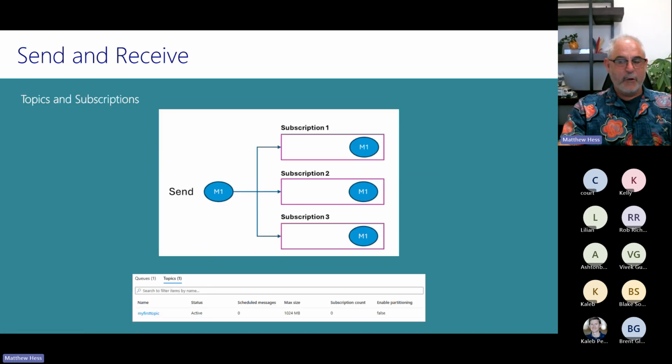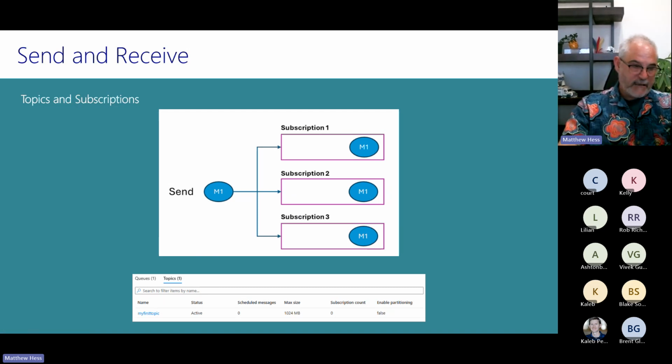The other thing to be aware of: you've probably heard the term pub sub, which means either publisher subscriber or publish subscribe. This is where you have a single sender, but multiple receivers. Azure Service Bus supports that kind of pattern. They call it topics and subscriptions. When you create a topic, it's just the same as creating a queue.